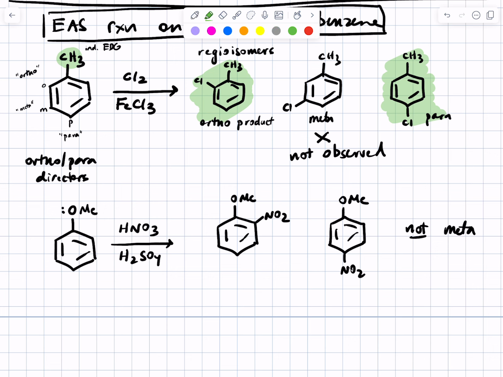And again, there is a connection between the fact that this is a resonance electron donating group, which we will come to see is an ortho and para directing group, and the fact that we observe only ortho and para products. Now, I haven't told you the reason for that.